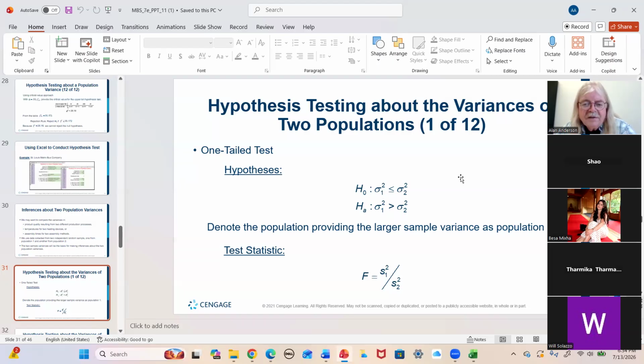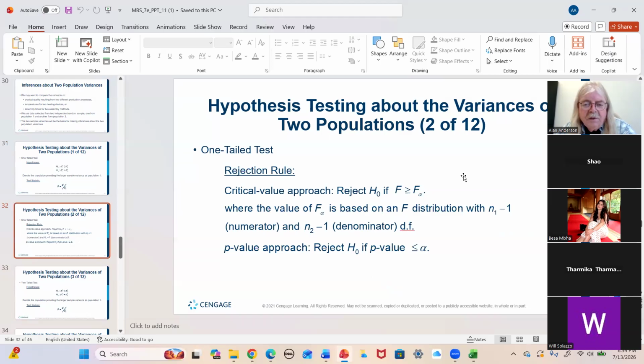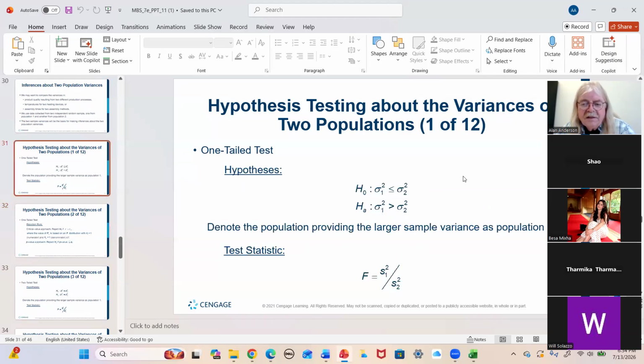We've got the normal two-tailed test. Also, instead of having a left or a right tail, we only have a one-tail test, which is written, as you see here, greater than. And that's because we always choose the variances to make sure that the one on top is larger. So in other words, we have to define the populations in such a way that this ratio is always greater than one. And that's something we haven't seen before.